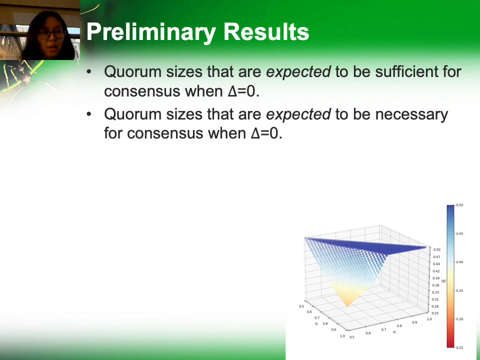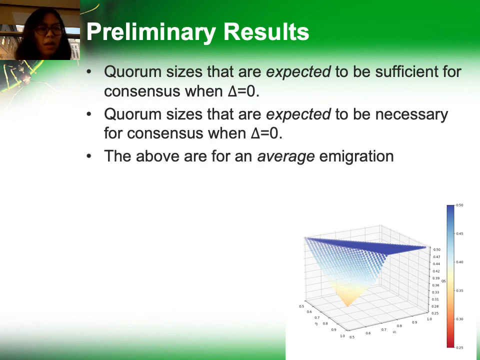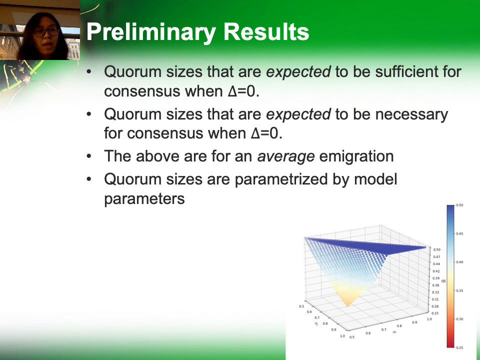And second result is we show the quorum sizes that are expected to be necessary for consensus when delta is 0. The above are all for an average emigration, and in the next manuscript, we'll formally define what an average emigration is. And these quorum sizes are, of course, parameterized by model parameters.